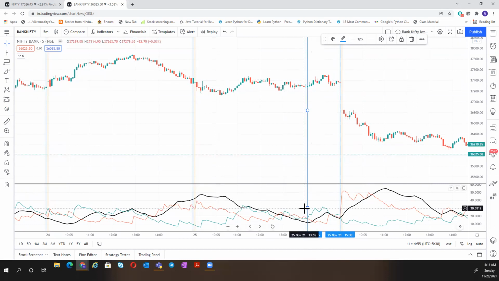Now, there is a key strategy, a very important thing which you need to focus on. The ADX should be above 25, but the strength of the ongoing trend will be better when the DMI line is above the ADX line, above this black line. Now watch here.